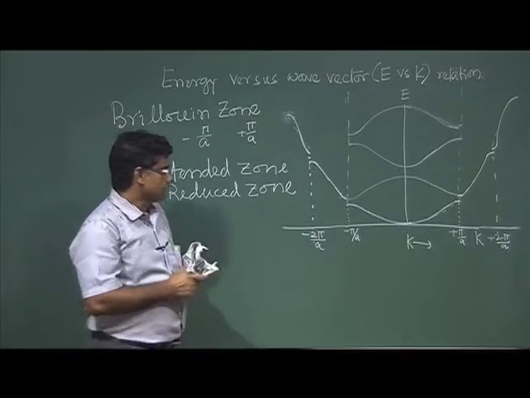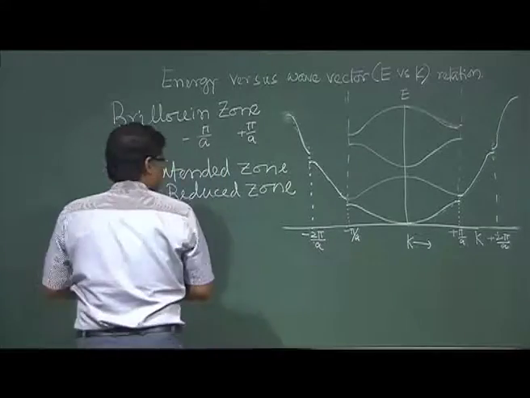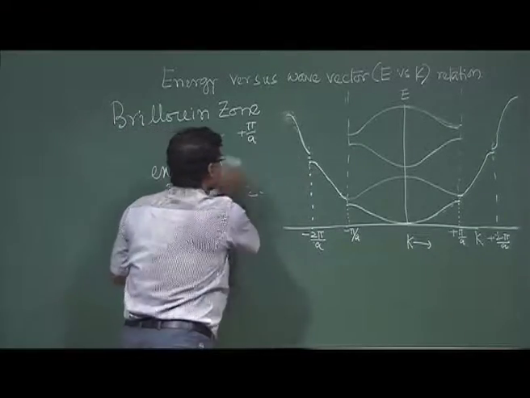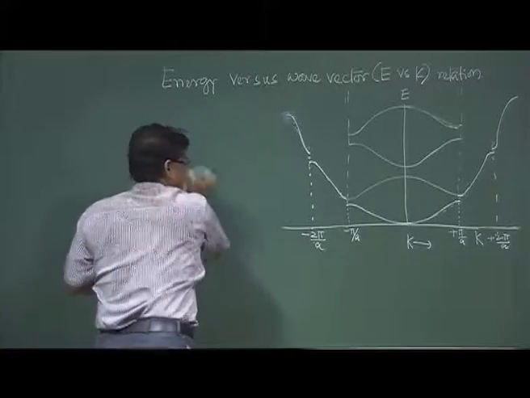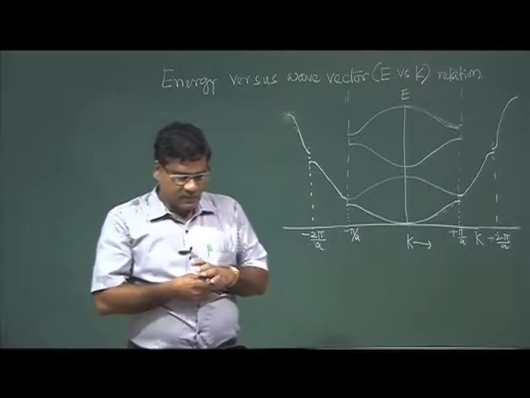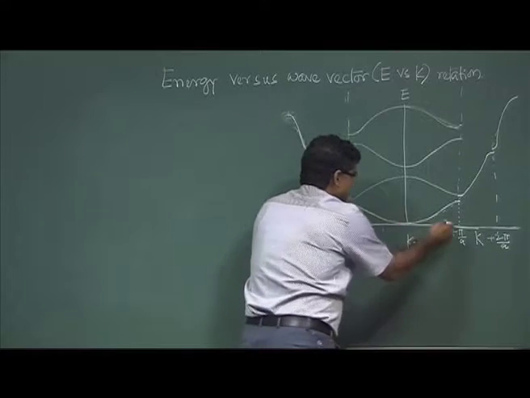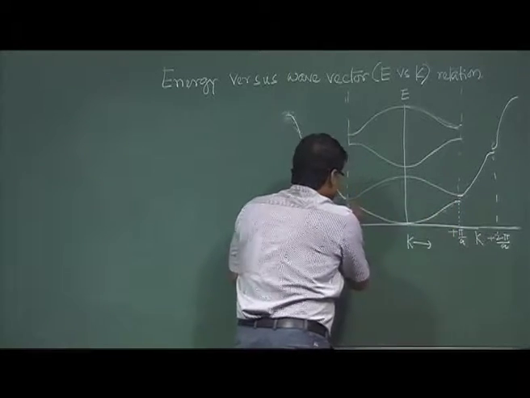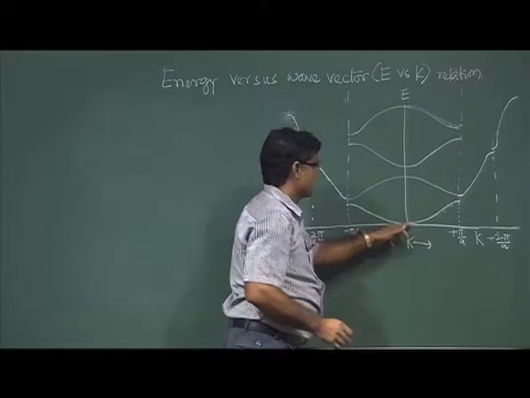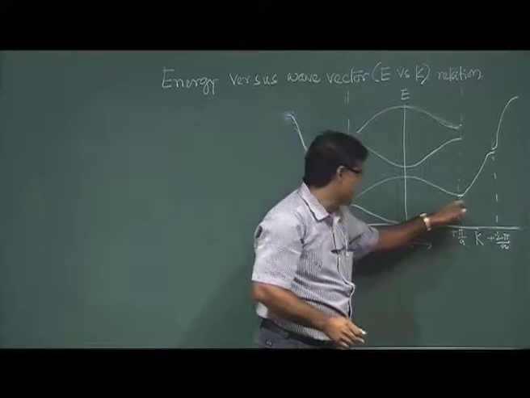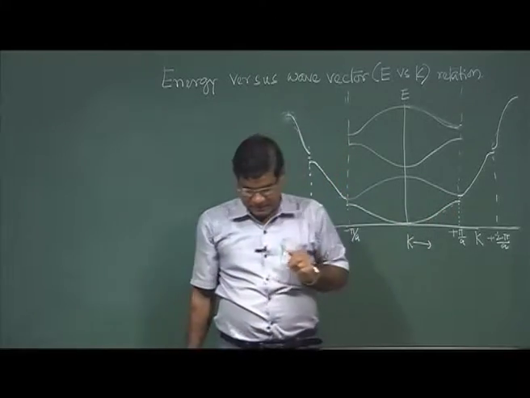Okay. So now what we want to find out is, here you can see in the first Brillouin zone this curve, here the k value is continuous, and then here it is discontinuous. So here the k value is continuous.